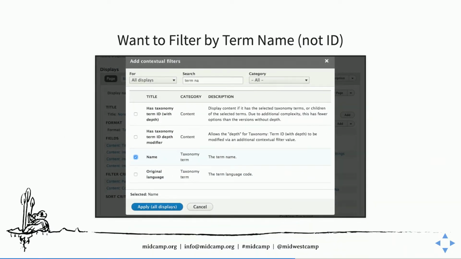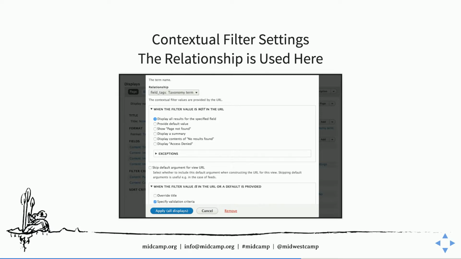Once we add that relationship, then we can select a contextual filter called name, which is associated with the taxonomy term name, which is exactly what we want to filter by. We have some options once we do this. Basically it describes the behavior of when arguments exist and don't, and whether or not, if the user puts an argument into the URL, it's a valid argument.